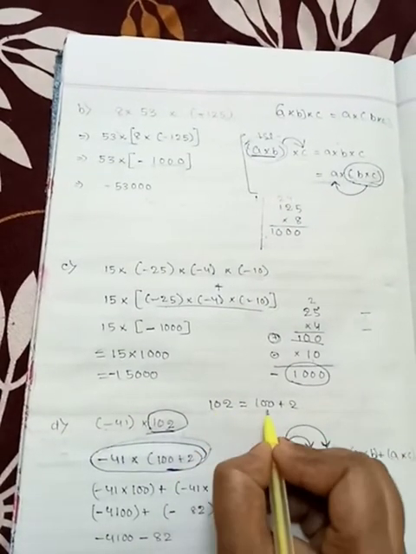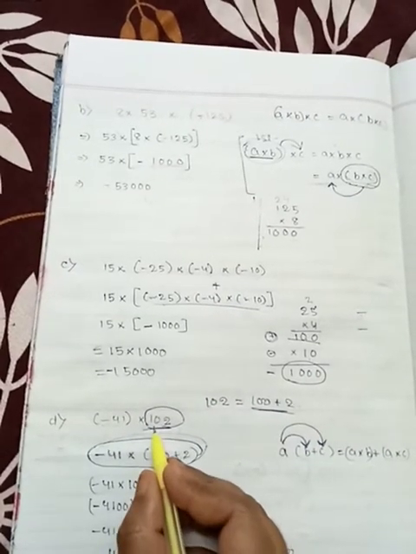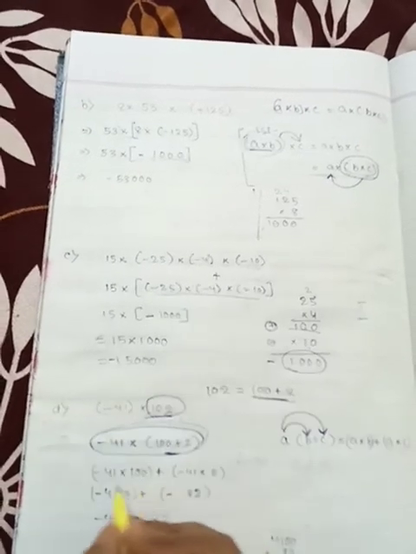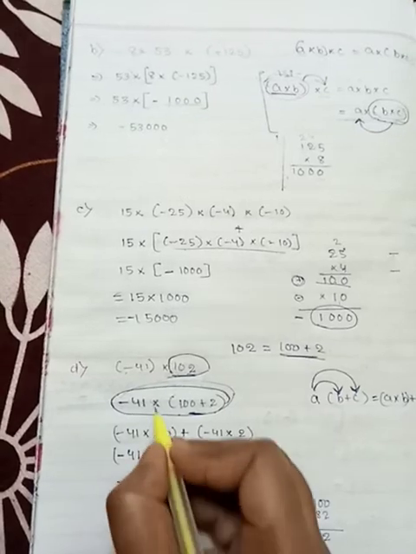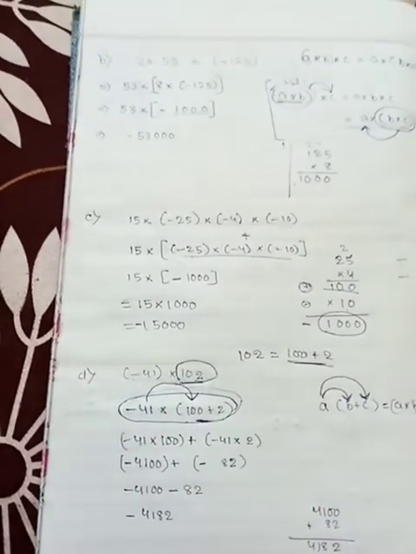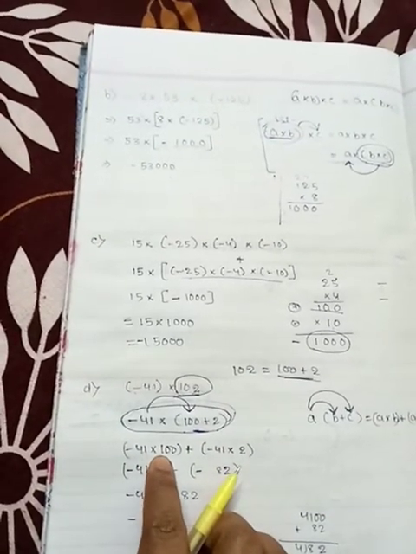We can write this 100 plus 2 as 102. So in the place of 102, we have written 100 plus 2. So minus 41 into 100. First, we have to multiply 41 into 100. So minus 41 into 100 we have written first.